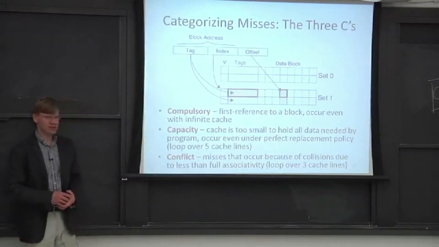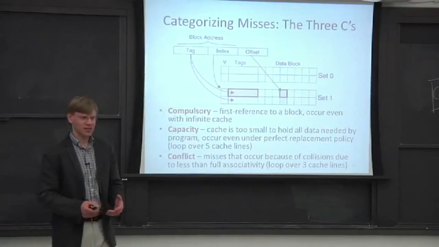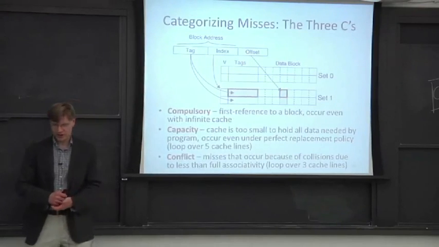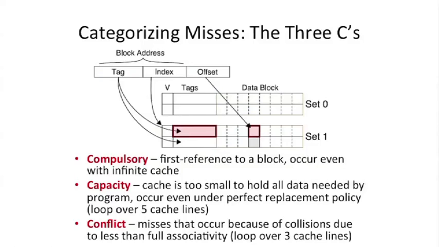Okay, so finally, the last thing that can cause a cache miss to occur is conflict in the cache. This means that we don't have a high enough associativity and two different pieces of data or two different blocks alias to the same location, and they're fighting for that location.